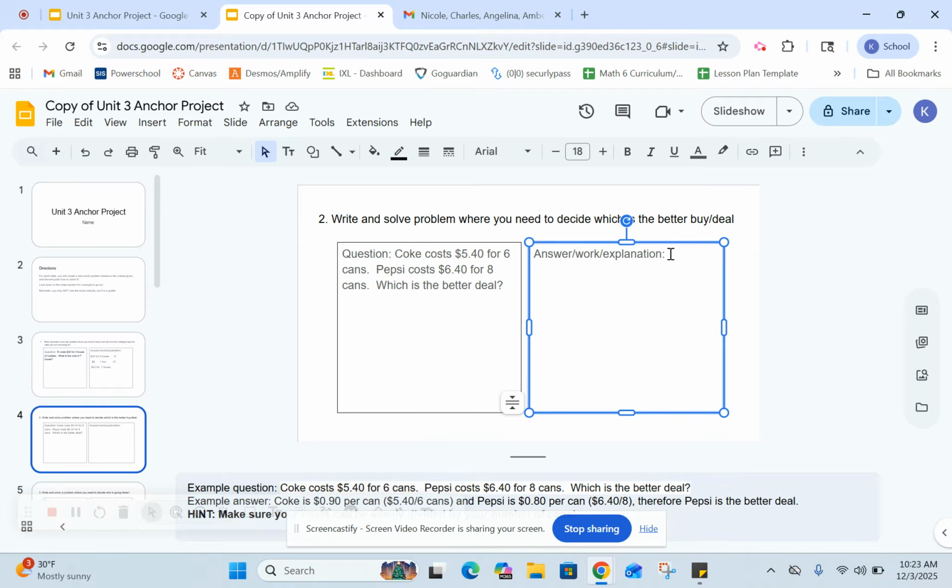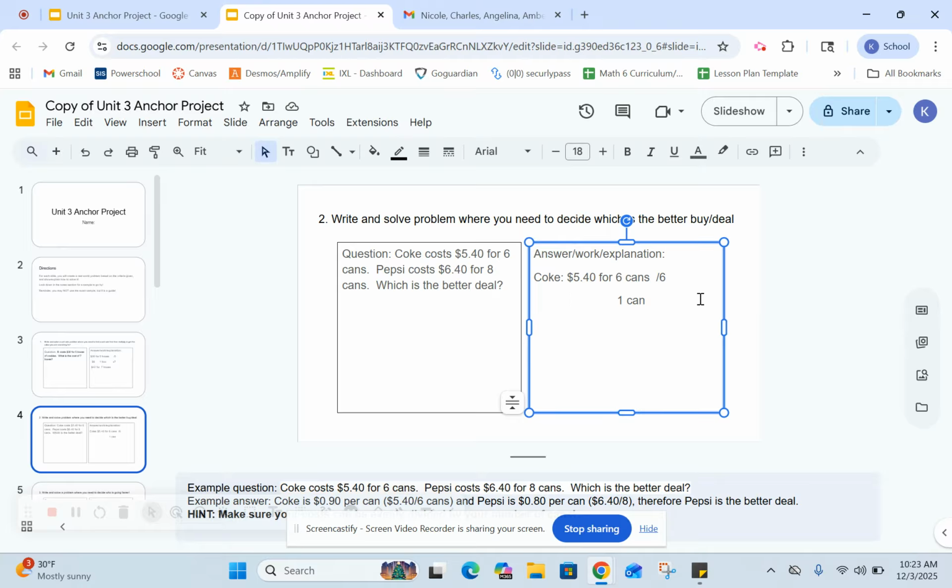So let's start with Coke. For Coke, $5.40 for 6 cans. But we're going to find the cost of 1 can. How do I go from 6 cans to 1 can? That's right, I divide by 6. So now we need to think about $5.40 divided by 6.